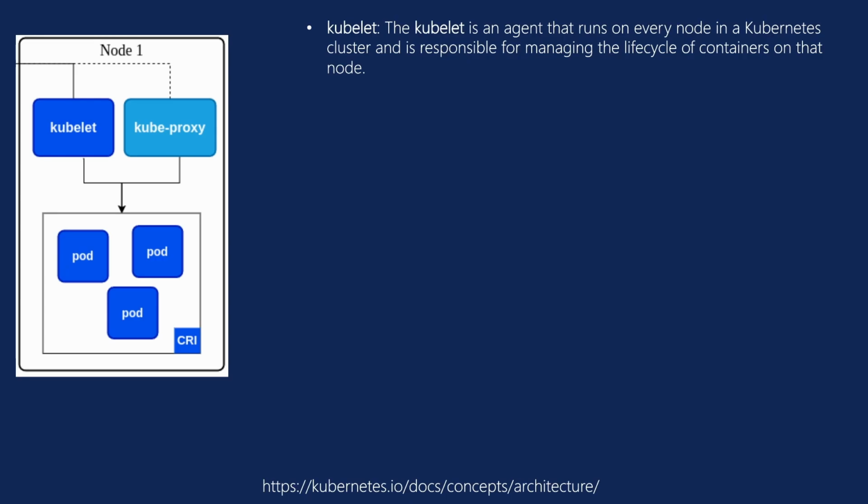As an example, it will tell the CRI to pull a new Docker image, and then will orchestrate the process of having that pod up and running. So kubelet is that component that is also close to the pods.